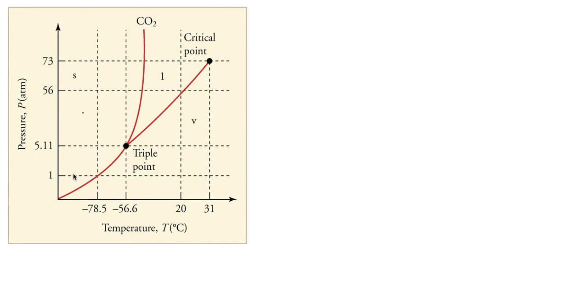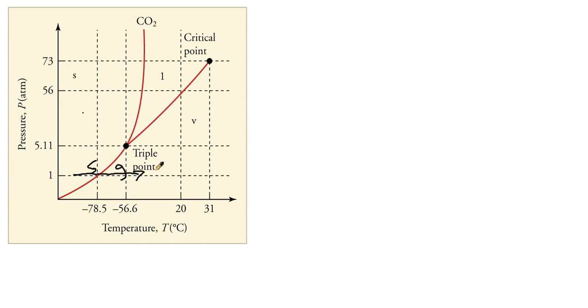But at 1 atm, notice that your dry ice goes directly from a solid into a gas without ever being a liquid. There was no time that we crossed into the liquid at 1 atm. So this is why dry ice sublimes. When we put the dry ice out on my desk, you'll notice there's no liquid residue, it just sublimes. It goes to a gas and it's gone. It's not going to melt in front of you.